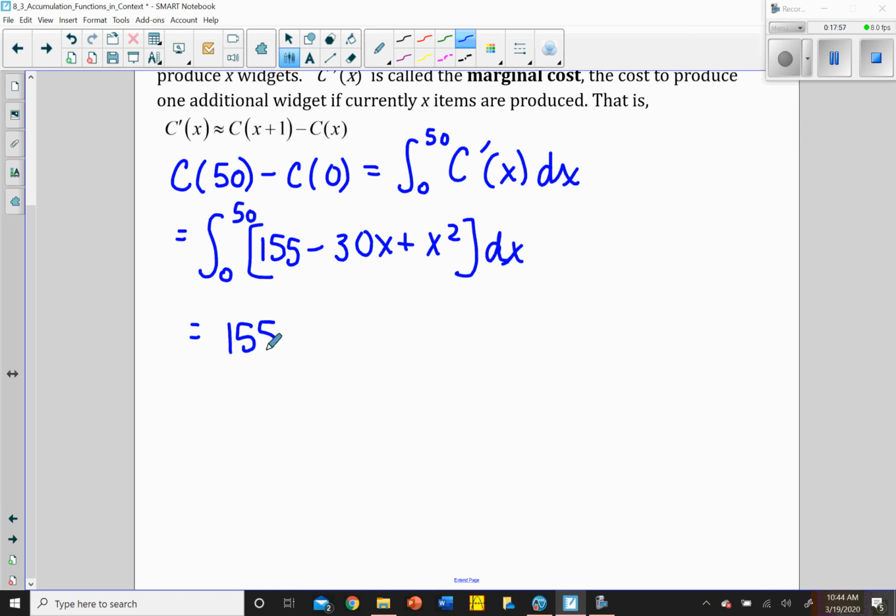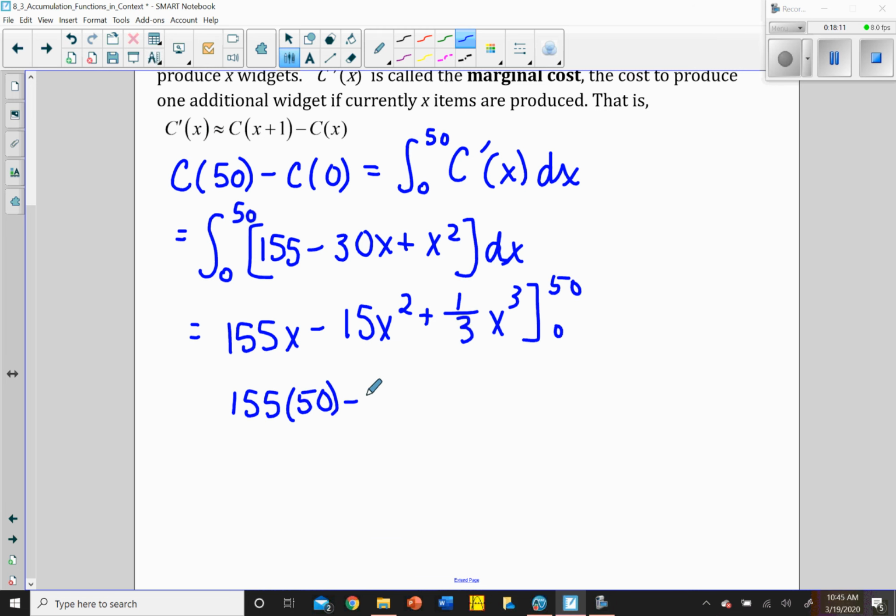Is 155x minus 15x squared plus 1/3 x cubed over that interval. And that's 155 times 50 minus 15 times 50 squared plus 50 cubed over 3, and then plugging in 0, all of that's gone.